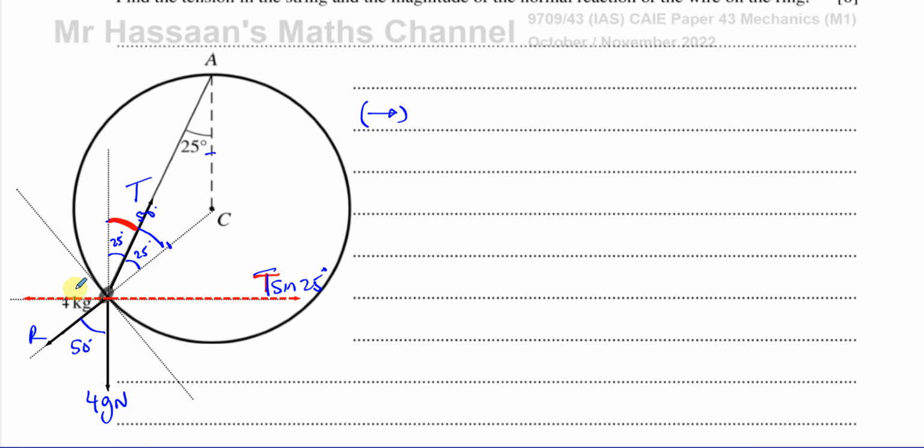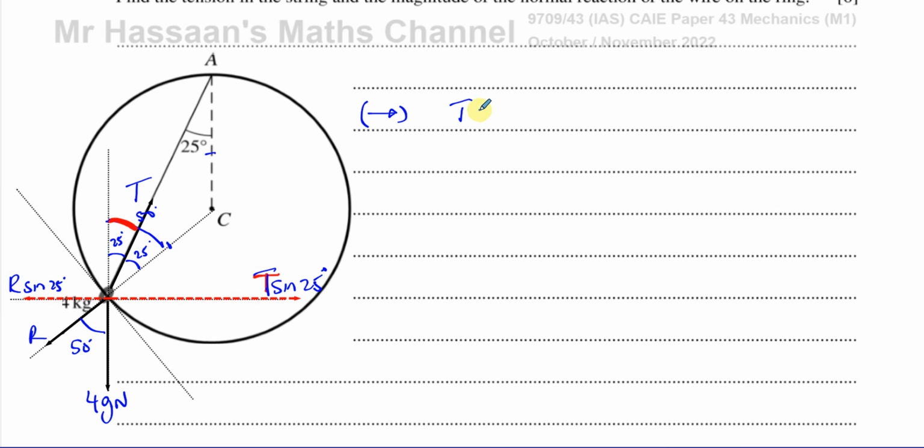And if I want to find the component of the reaction force in this direction, well, this is 50 degrees. Again, we're going away from the angle, so this will be R times sine of 50 degrees. That's the component of the reaction force horizontally. And we know that it's in equilibrium. So these are the only two horizontal components that we can find.